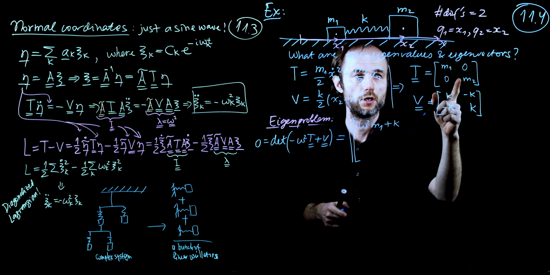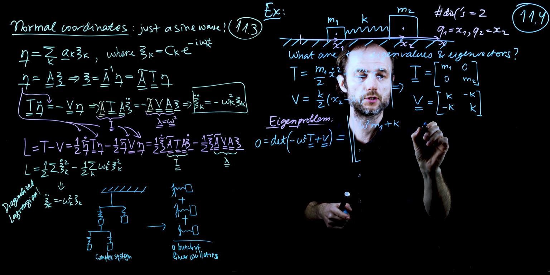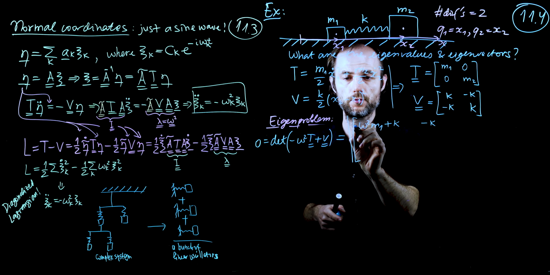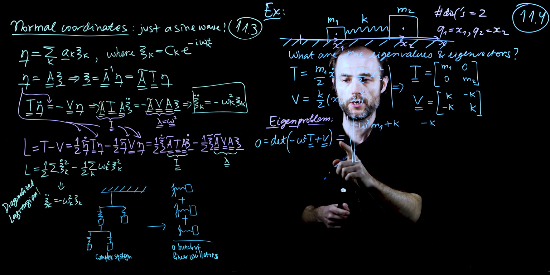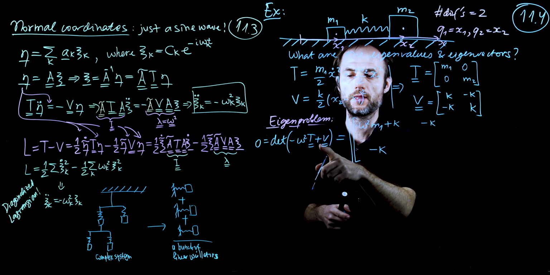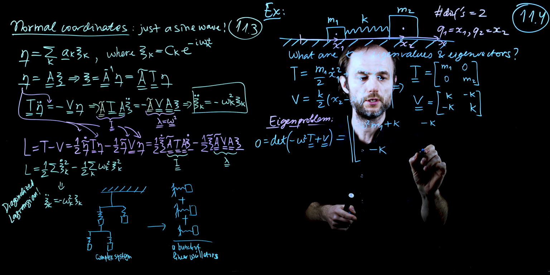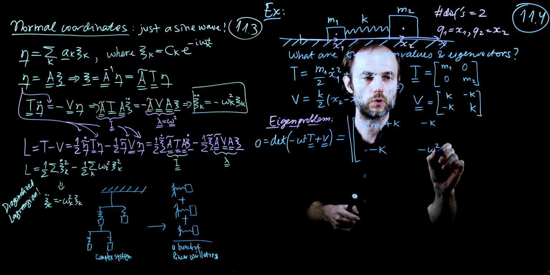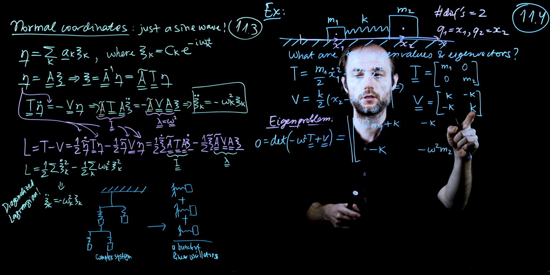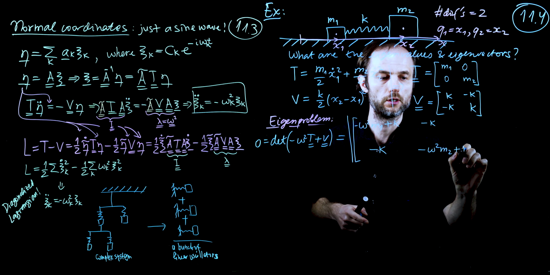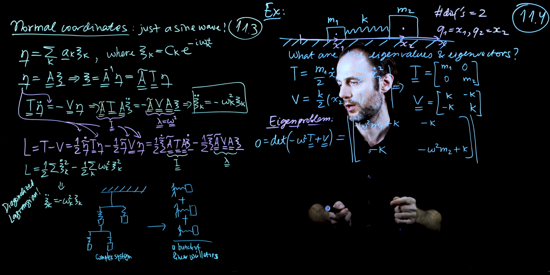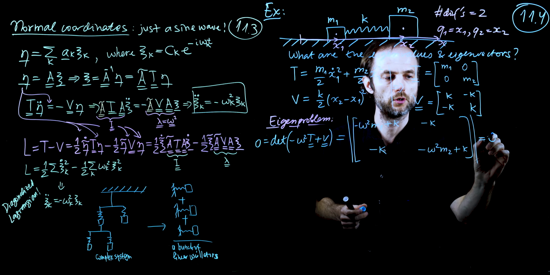Here it will be minus omega squared times 0 plus k, so it will be minus k over here. Also, I missed the minus sign here, right? Here, by symmetry, it will be minus k, and then on the bottom right, it will be minus omega squared times m2, and we will add plus k. So that is our determinant, the one that is supposed to be equal to 0.